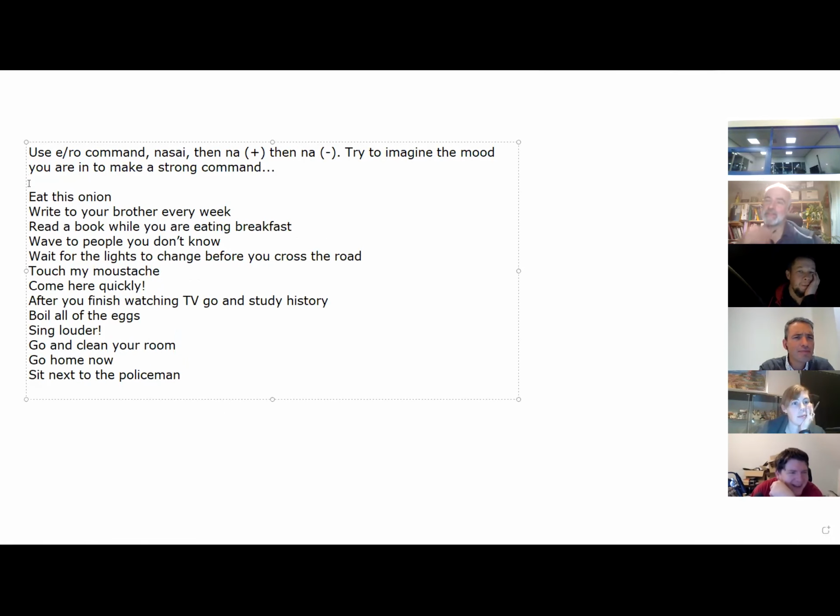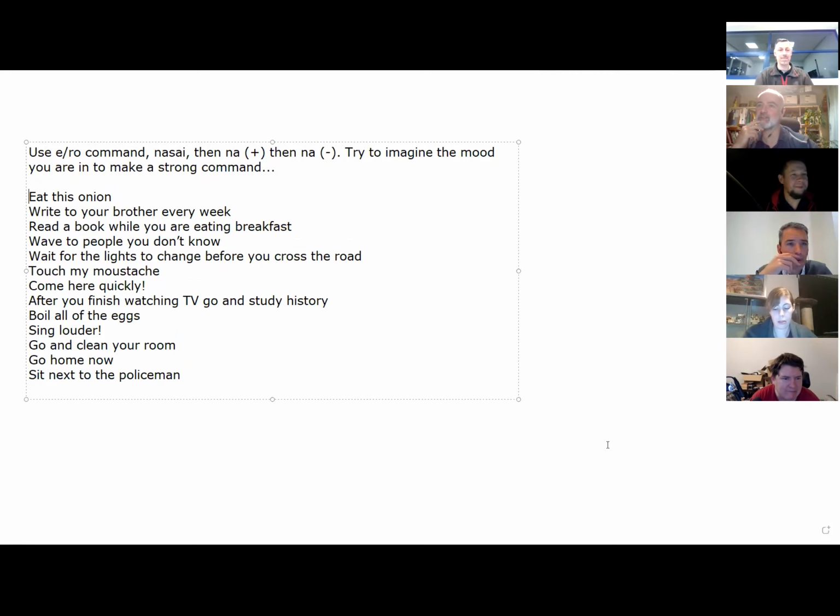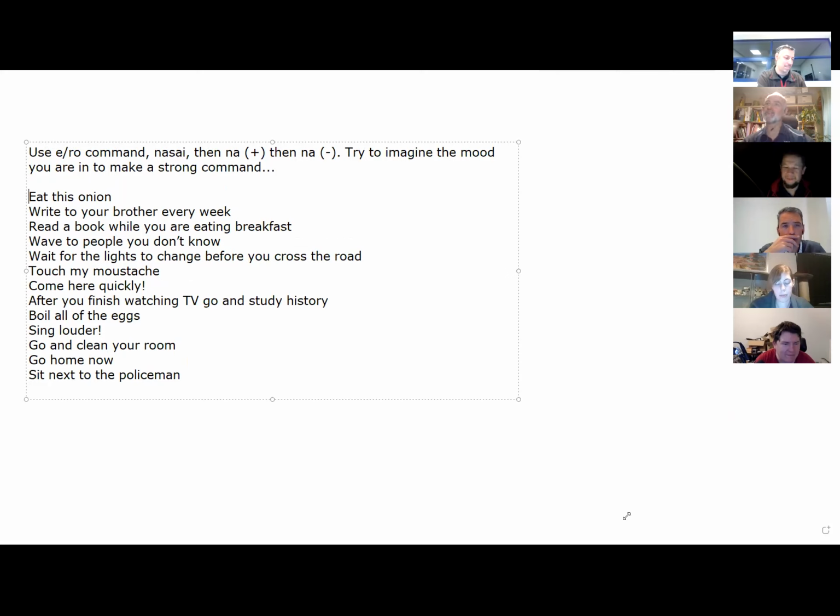For each of these, I'd like you to make all of the command structures that we've learned today: the hardest ro command, the nasai request, and the na request in the affirmative, and then the na prohibition in the negative. And just to add some sensory flavor, try to say it in the style and mood that you'd be saying it.